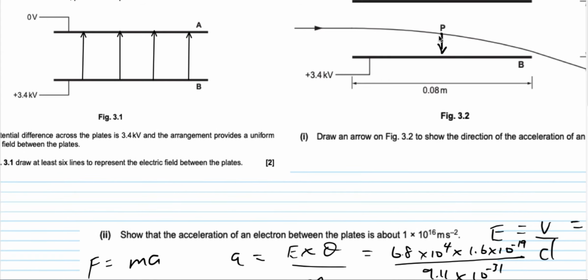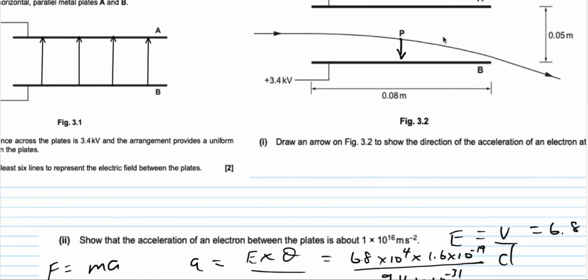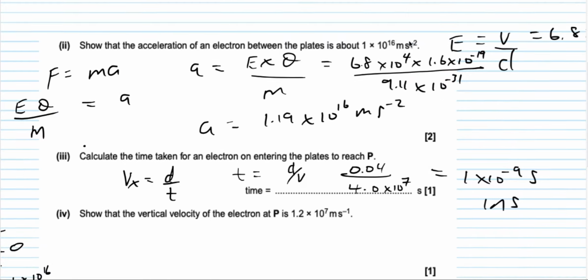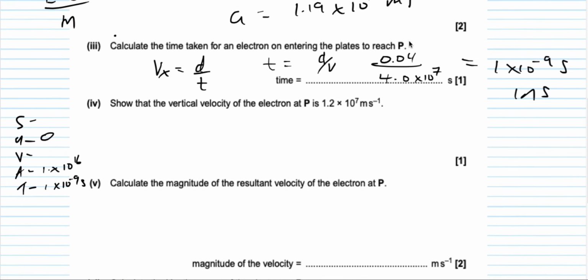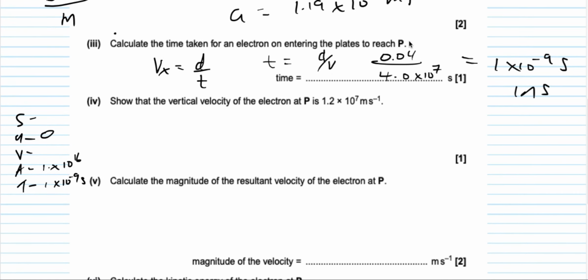I don't think we know what the height is for point P per se. It didn't tell us that, so we have to think carefully now. So let's think about the equations that we could possibly use. Show that the vertical velocity.